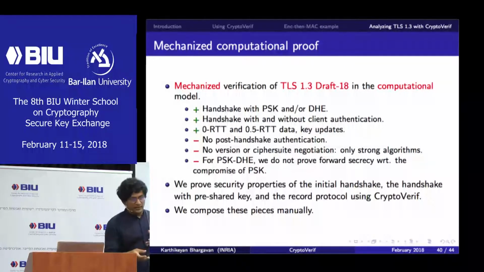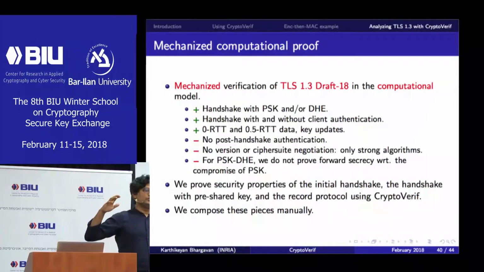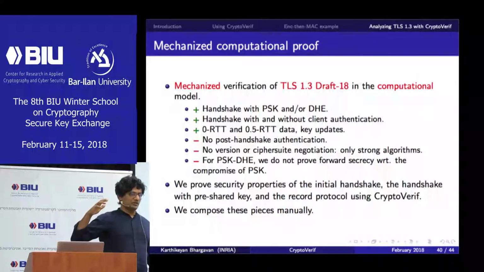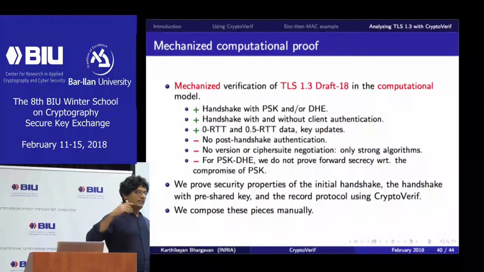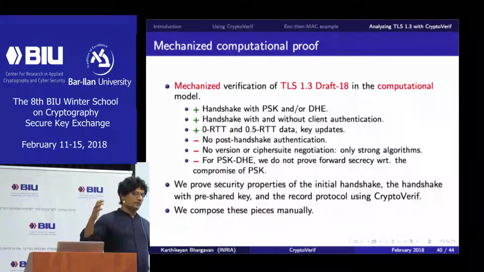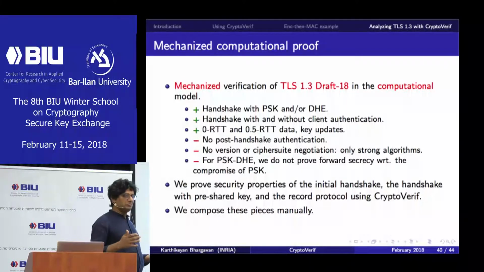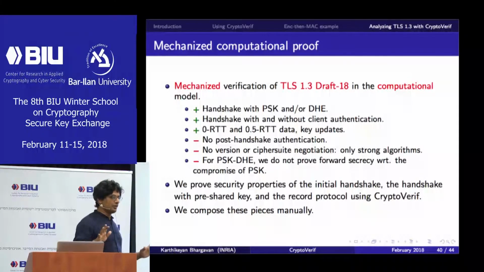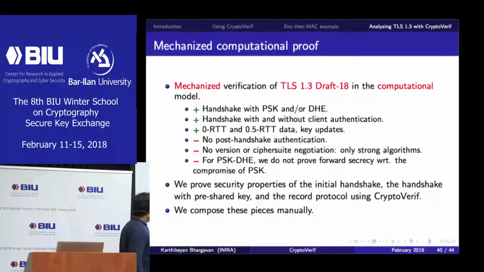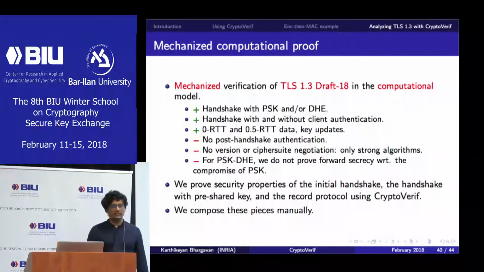Negotiation with strong and weak things, maybe with TLS 1.2 as well, would have expanded the model so much that our proofs would have become much harder, because our model here is already big enough that we had to provide a lot of user help for the prover to prove it. It would have become far larger. Maybe not, but we tried a few extensions and we kind of got scared and we stopped. This one again we just didn't do, but we could do it. I don't think that's a big deal.